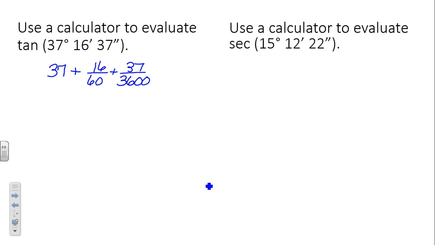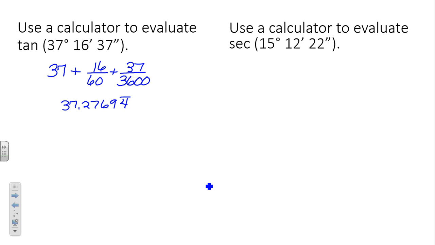Okay, so we take 37 plus 16 over 60 plus 37 over 3600, we get 37.2769 repeating. That's our decimal equivalent.